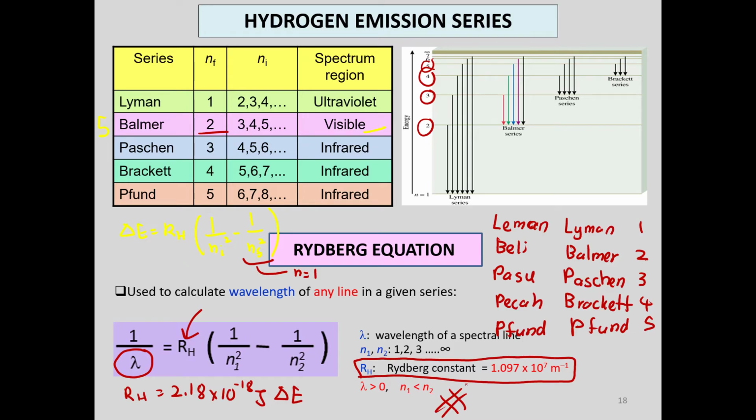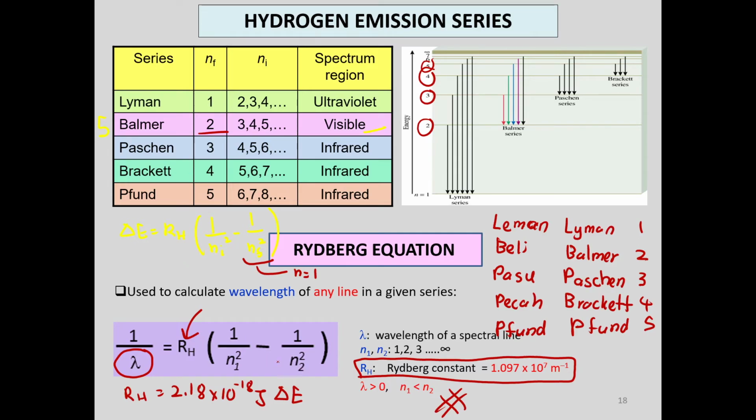So maksudnya, you guys dah tahu dia daripada series mana. You guys should note that tak kisahlah mana satu, contohnya dia Paschen, so dia turun ke 3. So untuk cari dia punya wavelength, we should letak nombor yang lagi besar dekat N2.